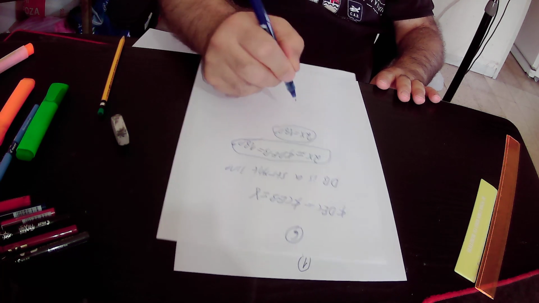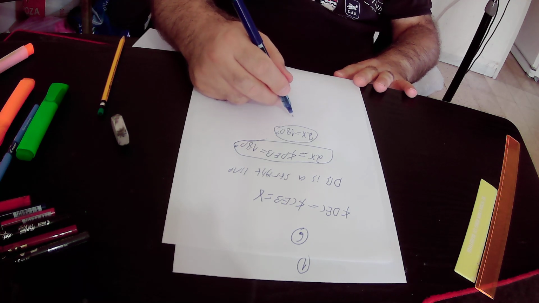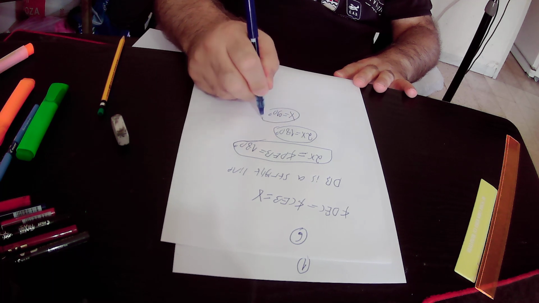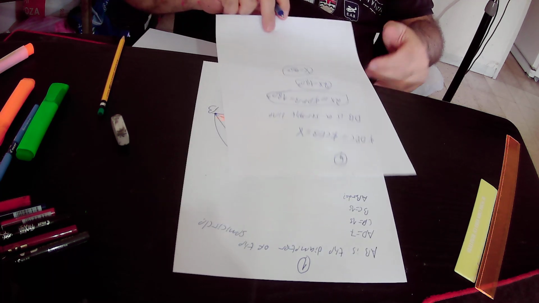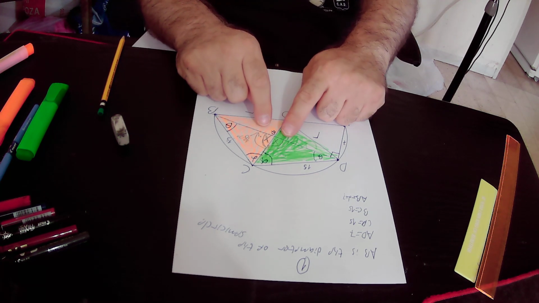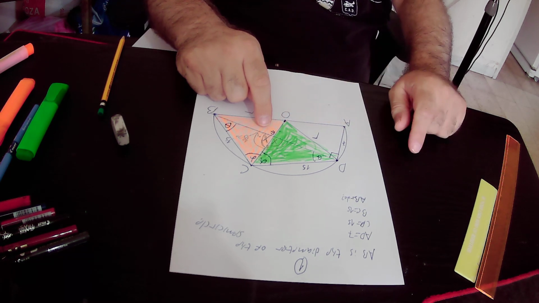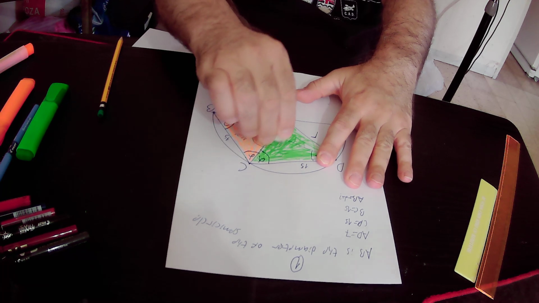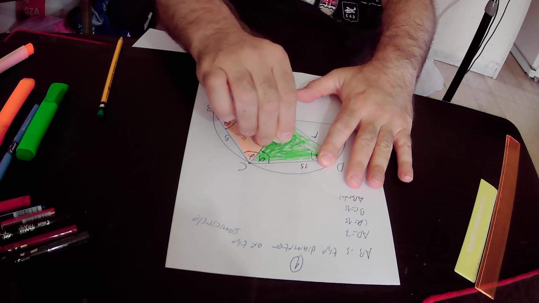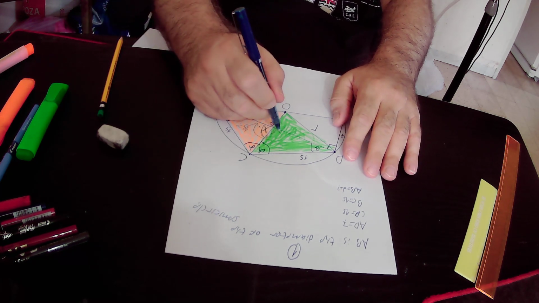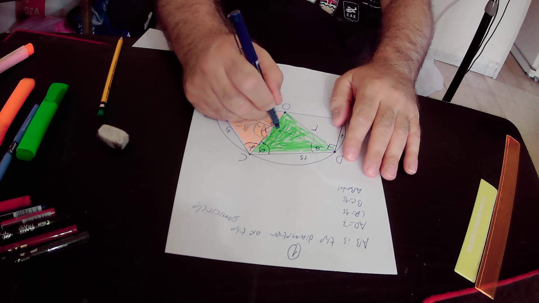So if we divide this equality by 2, we will get that x equals 90 degrees in its size. So we can substitute those two angles that are equal to x by 90 degrees, because x equals 90 degrees. So here, instead of angle x, I will draw a right angle.